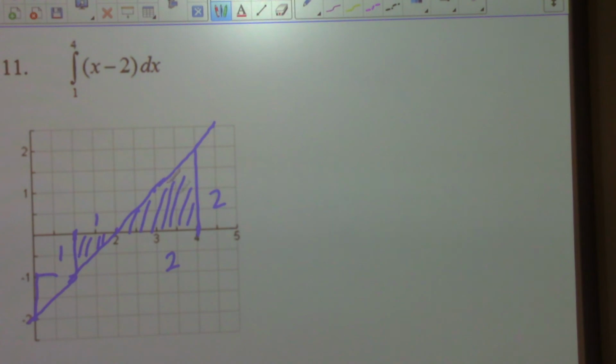So what is our answer going to be here? You have 2 times 2, which is 4, divided by 2, which is 2, right? Minus 1/2, because that's going to be 1/2, right? So that's going to be 3/2 or 1.5, yeah. Okay?